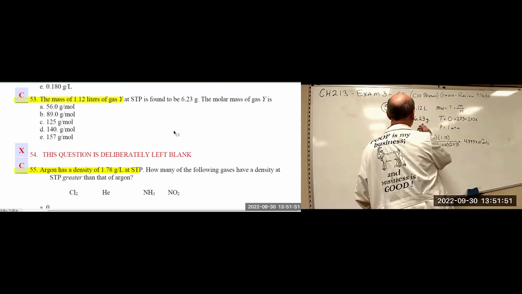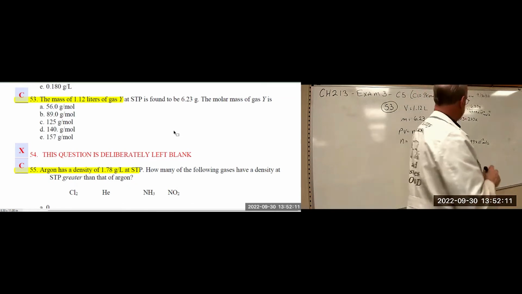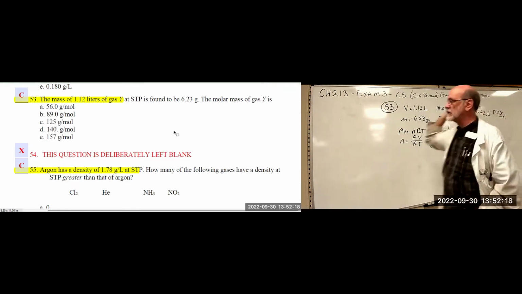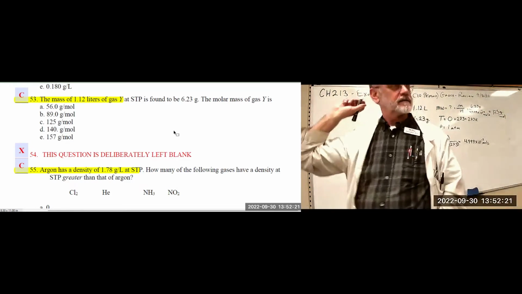Okay, so we got mass, 6.23 grams for how many moles? And that's equal to 125 grams per mole. C.